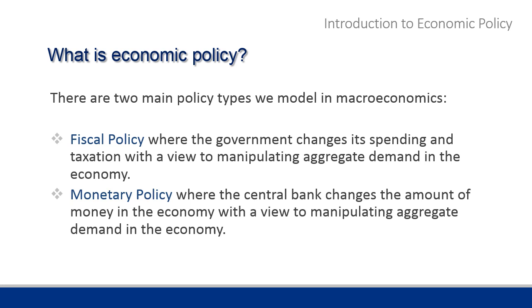For monetary policy, the central bank can change the amount of money in the economy with the same aim of manipulating aggregate demand, something that we call demand management, fiscal and monetary policy.